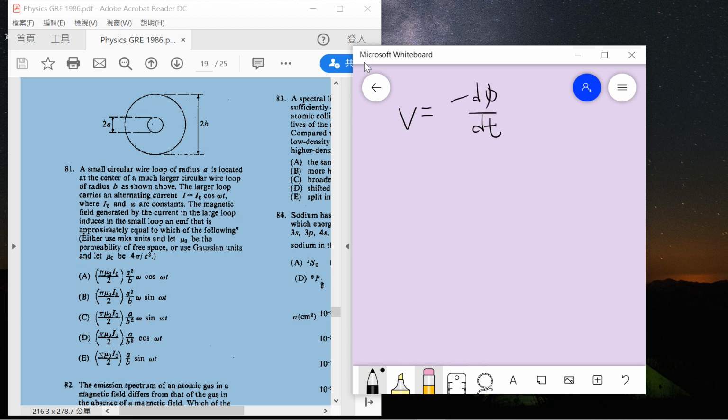Faraday's law comes from B times A. Your B comes from the circuit, the center of the loop current. So your B is just mu naught I divided by 2R.